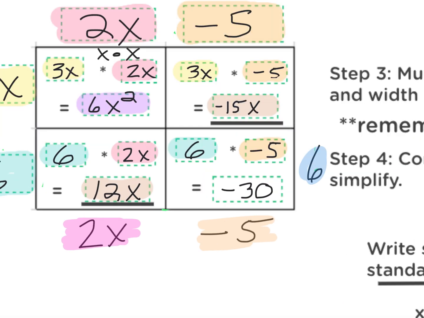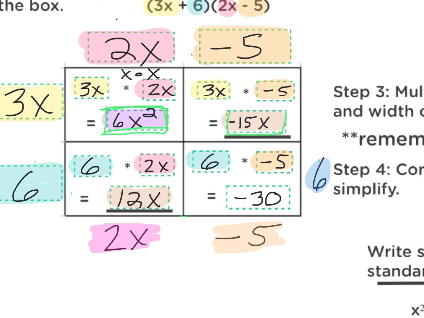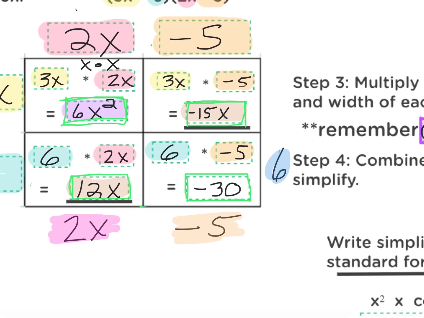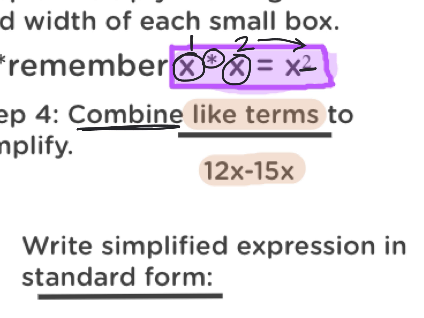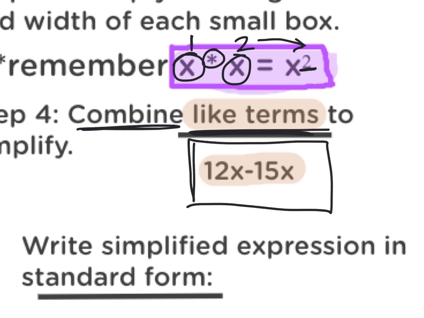So now we have 4 separate pieces. We have 6x to the second, -15x, 12x, and -30. And there is something in math called combining like terms. So because 12x and 15x both have one x, we are going to put them together.